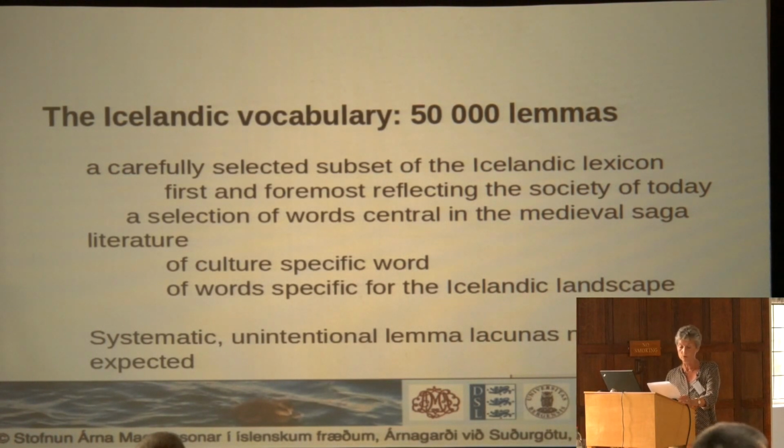Also, some words central in the medieval Icelandic sagas are included, as well as some culture-specific words and words denoting Icelandic folklore, the Icelandic landscape with volcanoes and lava fields and glaciers, albeit being far from complete coverage of the Icelandic lexicon. Systematic and unintentional lemma lacunas are not to be expected in eLex.